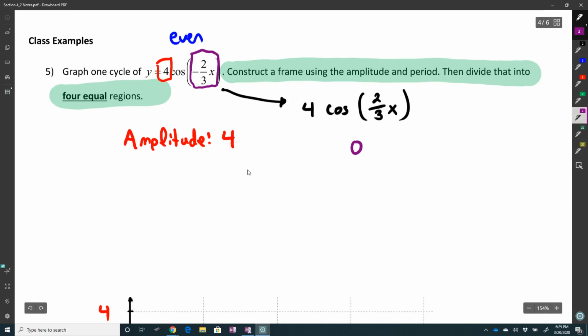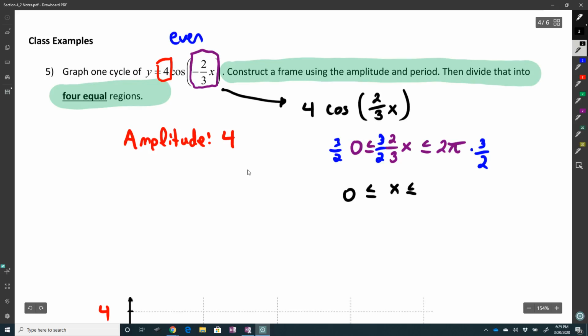So if we do this again, now I can multiply by 3/2. And this gives me 0, x. And then if I multiply that, notice that I get 3 pi.